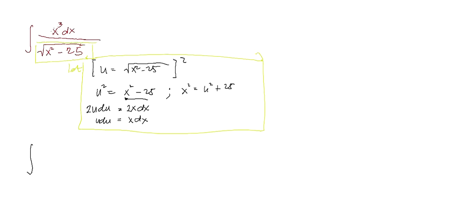As you can see here, we have x cubed dx. How can we change our x cubed dx in terms of the information in the box? We have x squared and we have x dx, wherein x cubed can also be written as x squared multiplied by x dx, all over, of course, the square root of x squared minus 25.